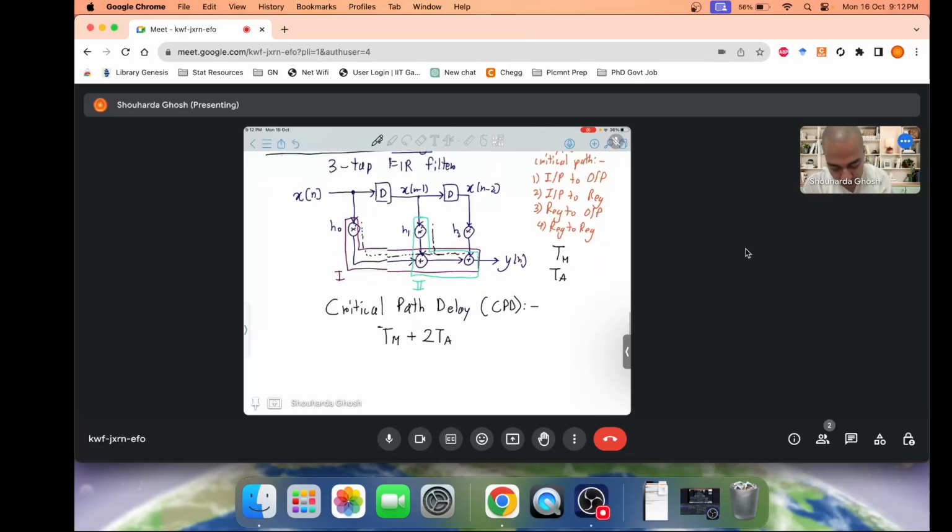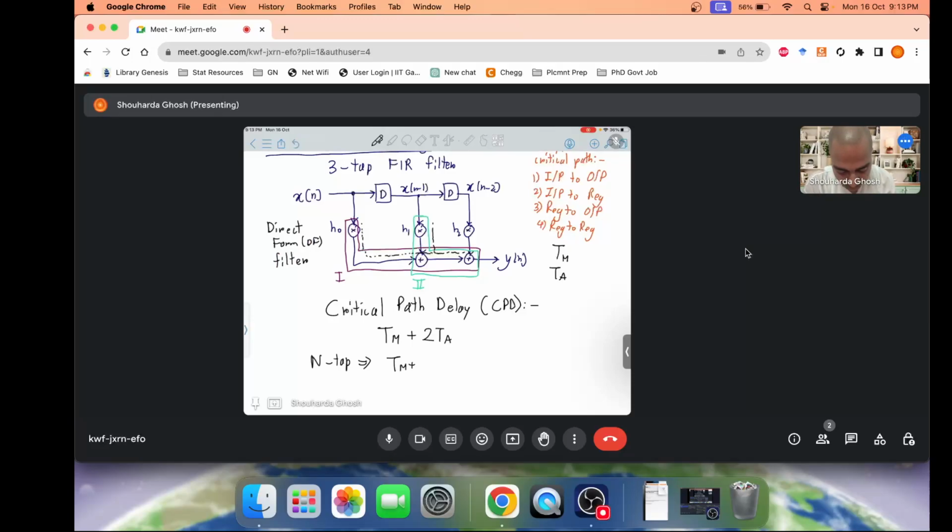This is called the direct form or DF filter. So for an n-tap filter, the CPD is Tm plus (n minus 1) Ta.